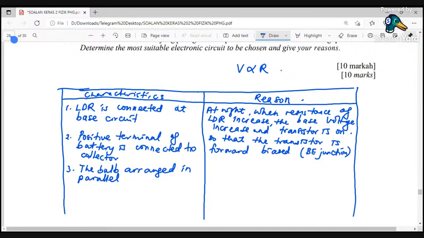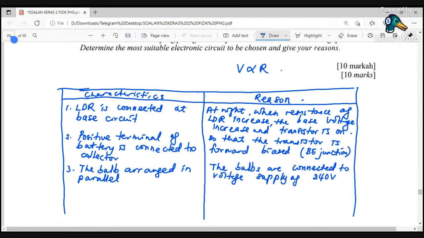The bulbs are connected to voltage supply of 240 volt.